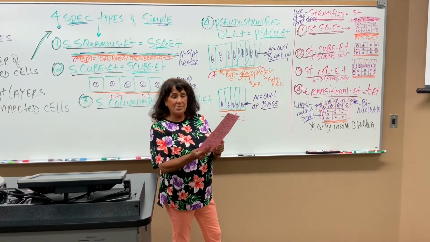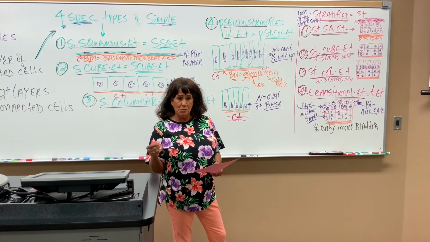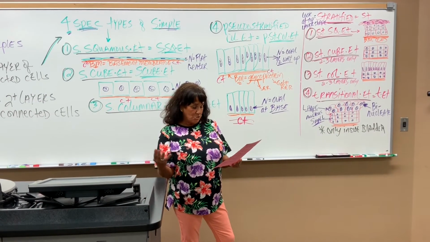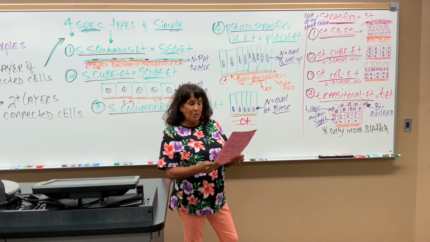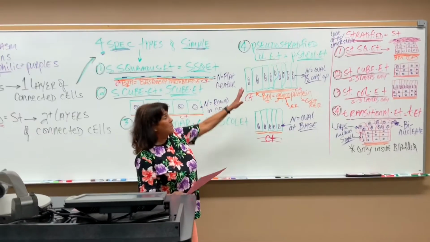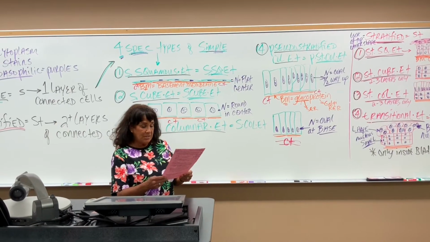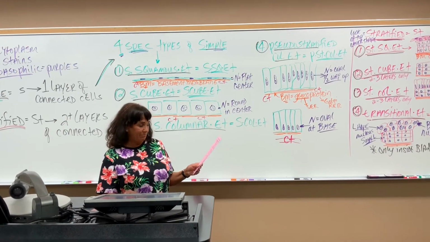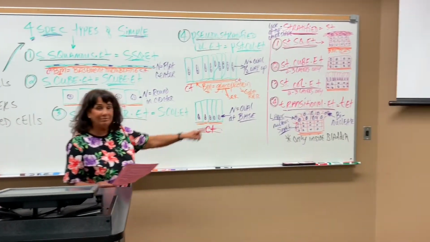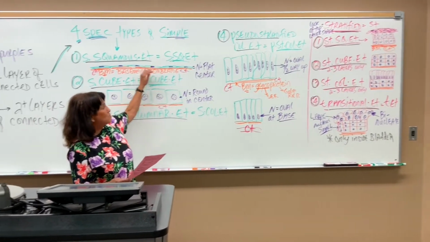What are the things that I'm going to train you to look at in the 4 general types of tissue, okay? First of all, the first thing you always want to look at to say this is some kind of ET is the number of cell layers present. Is it simple or is it stratified?